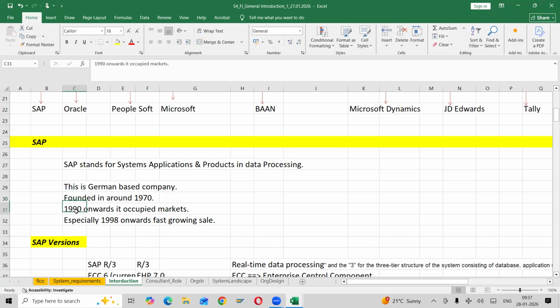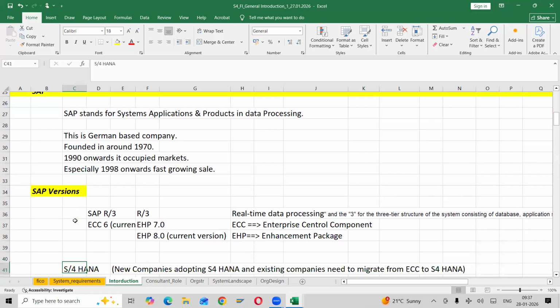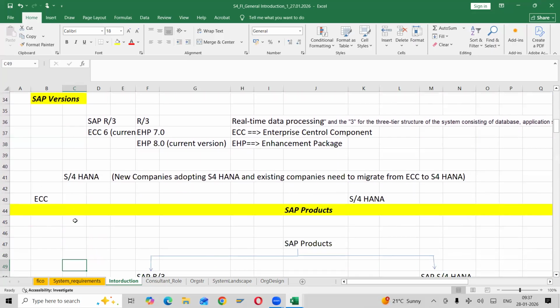From 1990 onwards it occupied the complete market, and the growth of SAP started from 1998 onwards. The sales increased tremendously. Now after the introduction of S/4HANA, it took a boom, actually. Clear? And these are the different SAP versions.